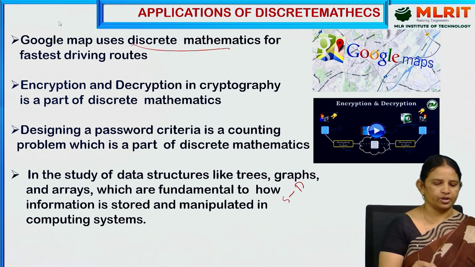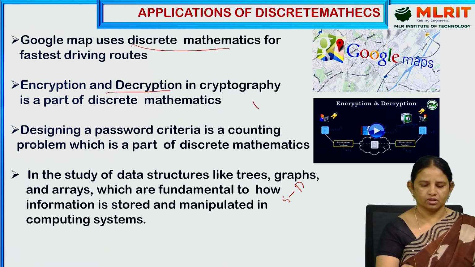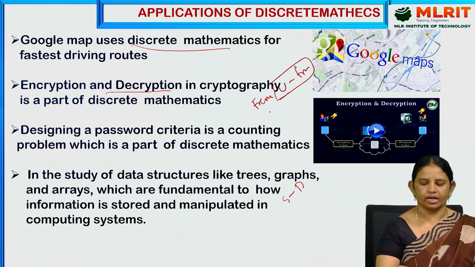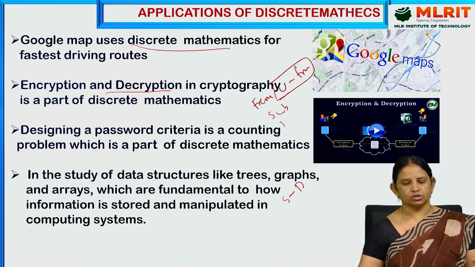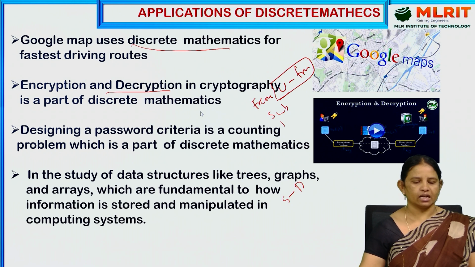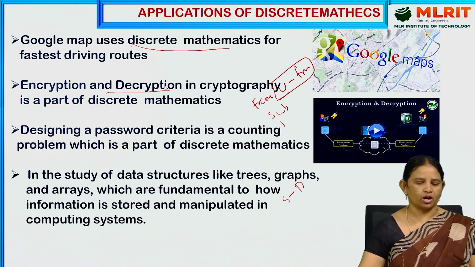And the next application: we can send an email from you to your friend. If you want to transfer a mail, you can write some subject and a from address and to address. During this transmission, the data will be hidden. How the data is hidden and how the receiver can receive the data is a part of cryptography.